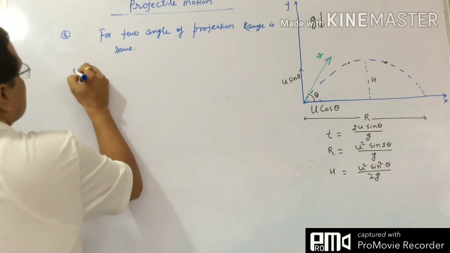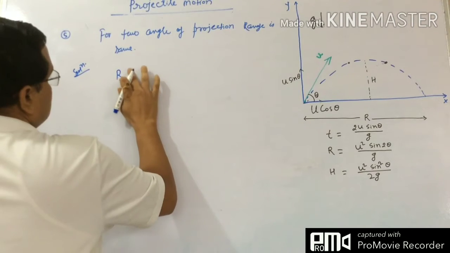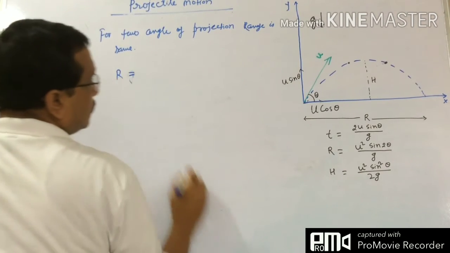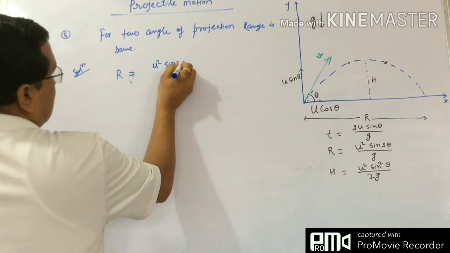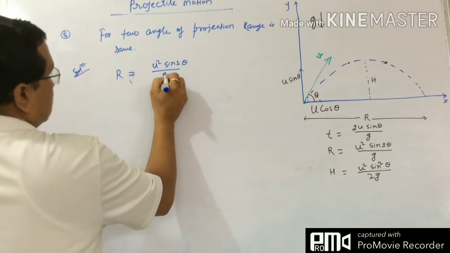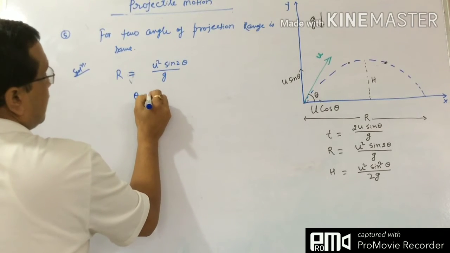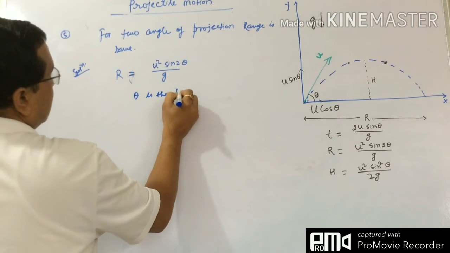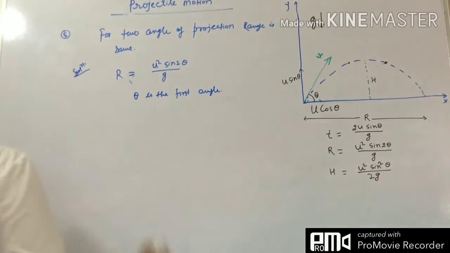Range means R equals U square sin 2 theta upon G. So one angle is theta. Theta is the first angle. So you will get the value of R.